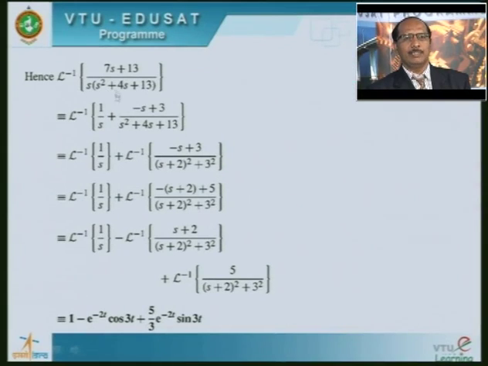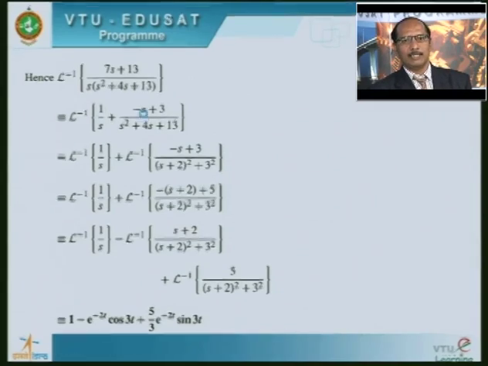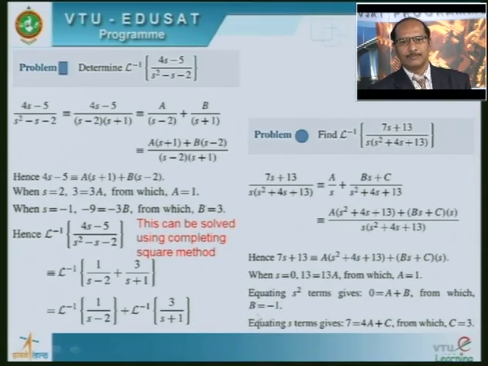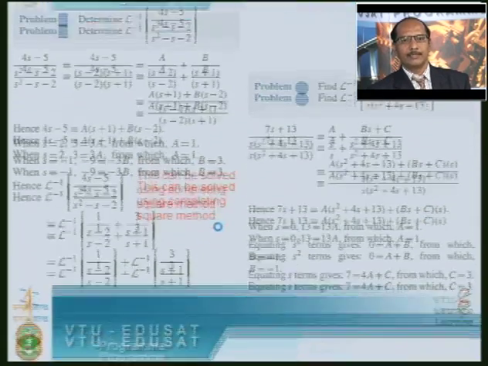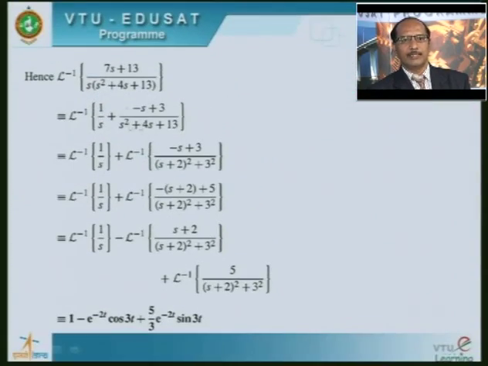Once you get the A, B, C values, you substitute them here. 7s plus 13 is split into A divided by s, plus (Bs plus C) divided by the quadratic, where the B value is minus 1 and the C value is 3. So, in this way it is written.